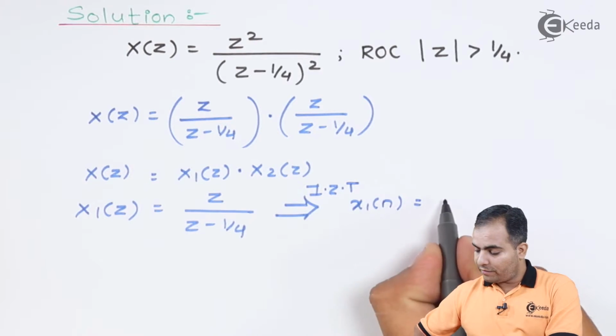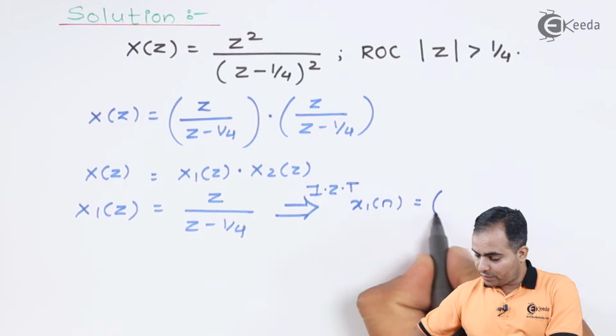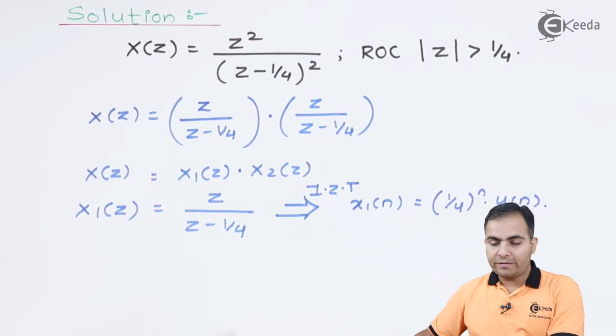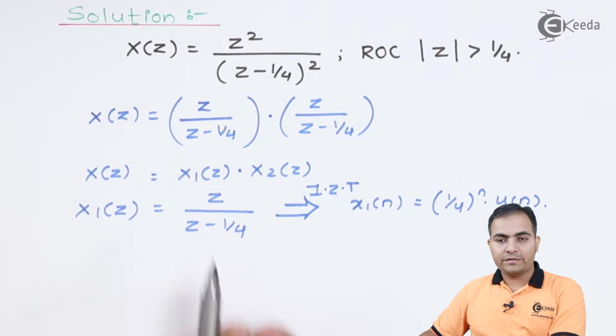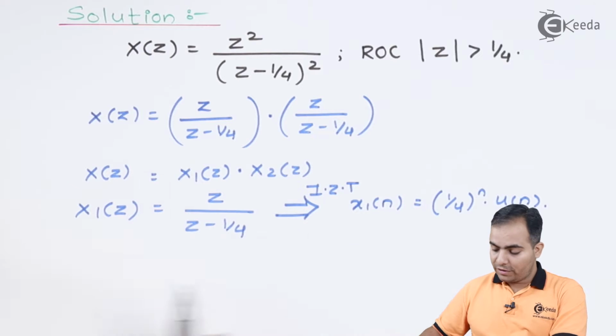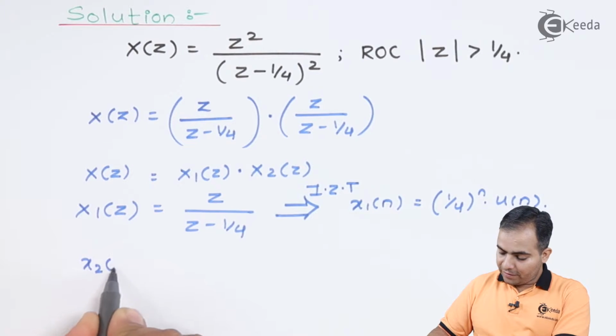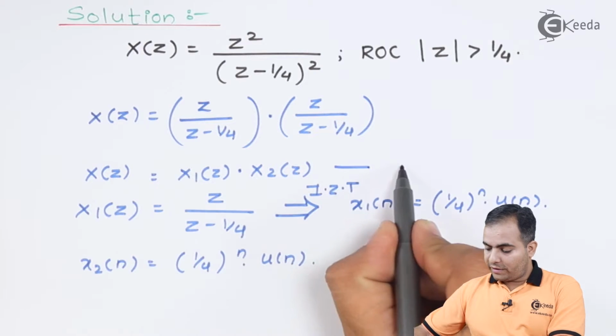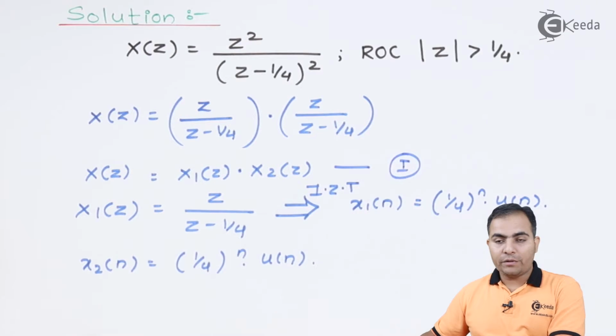So according to it, my a value is 1 by 4, so I can write 1 by 4 raised to n into u of n is the inverse Z transform of z upon z minus 1 by 4. Similarly, x2 of z has the same function, so x2 of n also has the same result. Let's say this is my equation number 1.